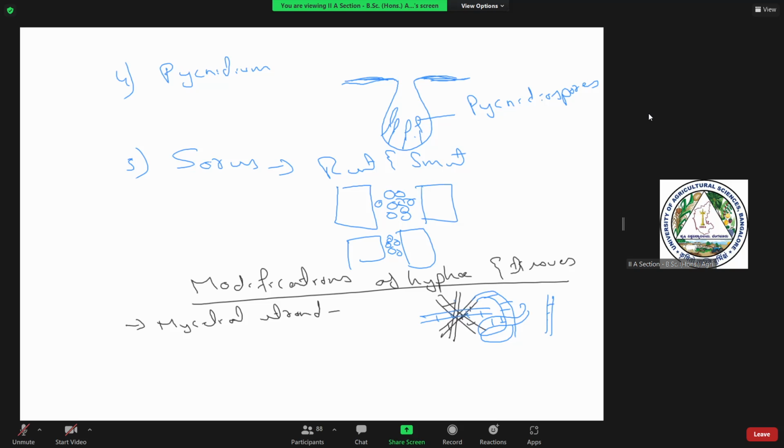Okay. Another modification that is seen in the fungal tissue is the rhizomorph. Rhizo refers to root, morph refers to shape, so a root-shaped structure basically. This is a type of structure where the mycelia are interwoven.